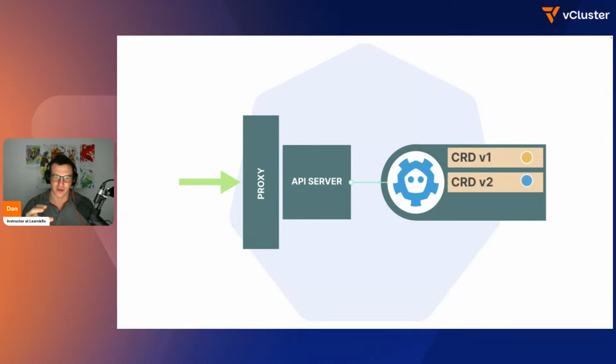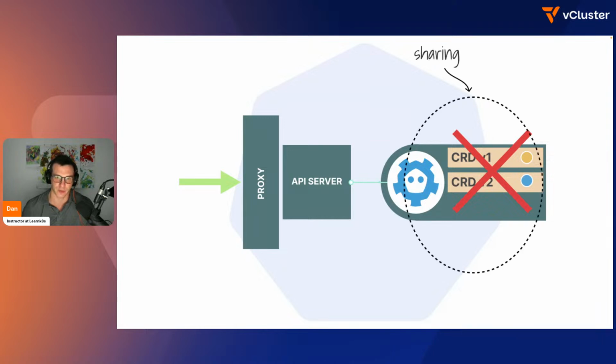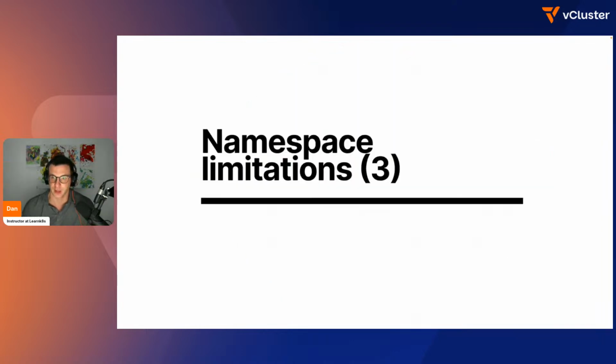Let's imagine that you want a CRD with two versions, say the API gateway CRDs, and you want to install one version and another just to test the difference between the two. Unfortunately, this is not possible because we are sharing the database. So CRDs are very difficult to isolate. I'm going to see how we're going to fix that.